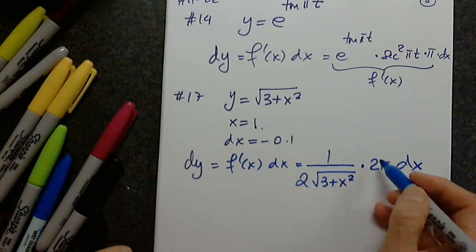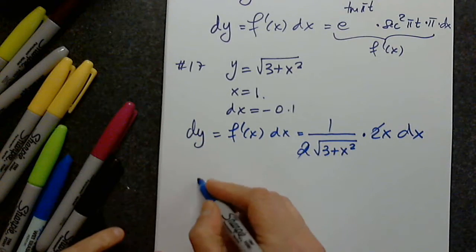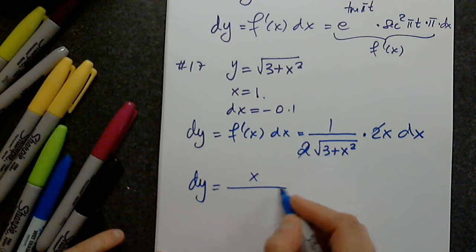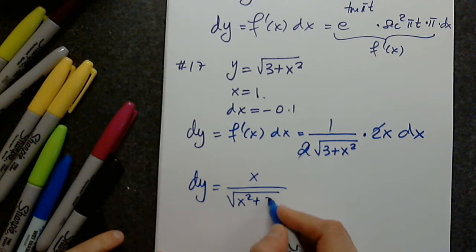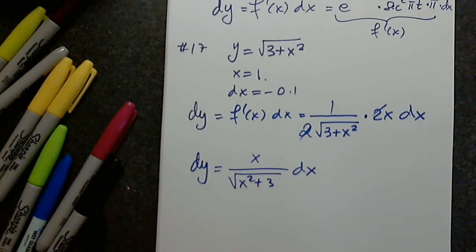And we will simplify. So dy equals x over the square root of x squared plus 3 dx. This is a major topic of chapter 5 when we are going to integrate.